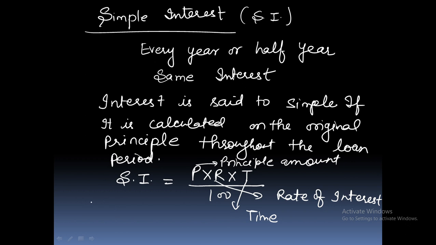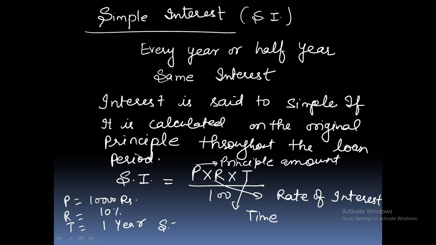Say one person takes a loan of rupees 10,000 for 1 year. This is the principal amount, and time is 1 year, and the rate of interest given on this principal amount is 10%.